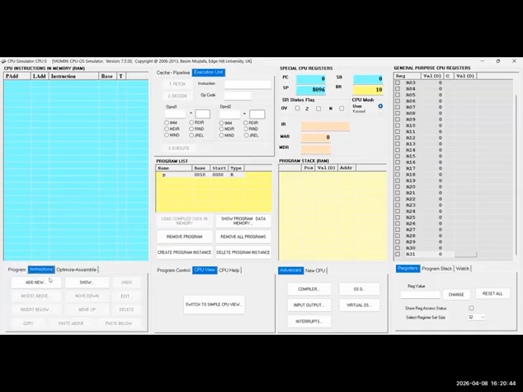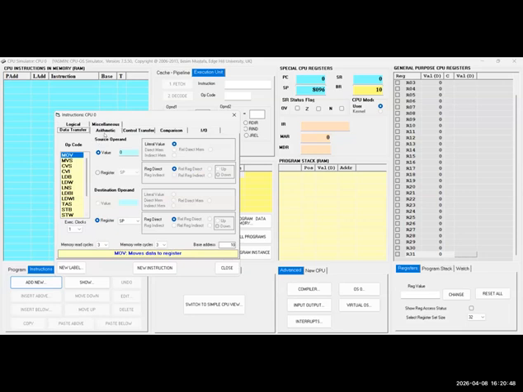Let me write the instructions. A move instruction moves the value 5 into a general purpose register R0. The second moves the value 7 into another general purpose register R1.